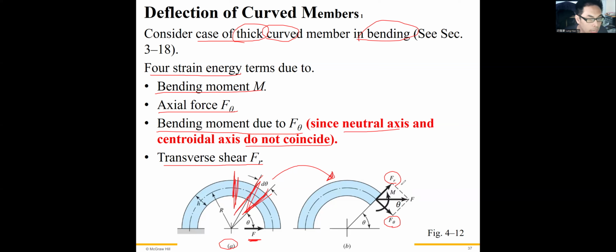Because the force movement is not along the action line, a moment is created. If the force moved along the action line, the moment would not be created.